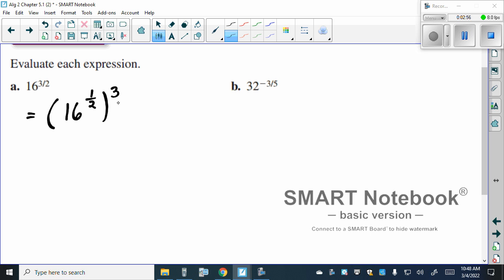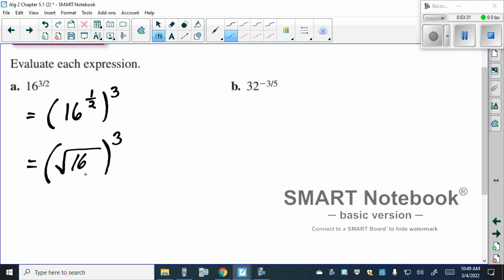Well, now we can rewrite 16 to the 1/2 as a radical. The number that goes in our index, or the little v of our radical, is the denominator of the fractional exponent, which here is 2. But we don't necessarily have to write it because whenever we have a radical without a number, the index is 2. 16 goes inside.